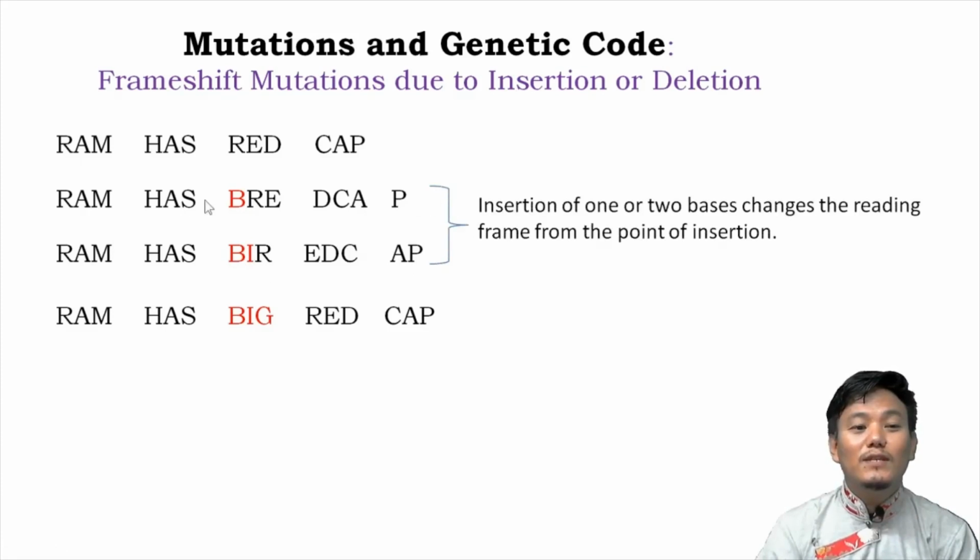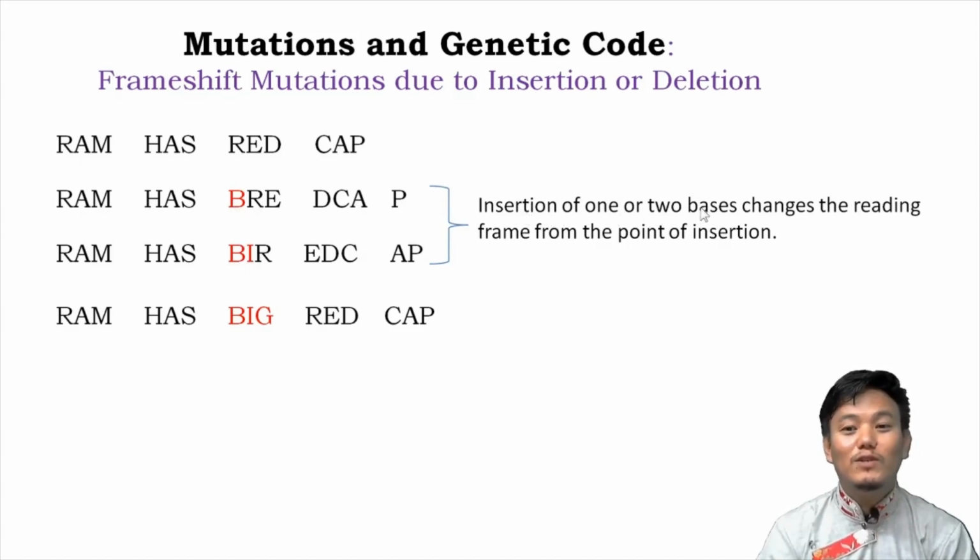So here you can see, when 1 or 2 letters are added, meaning insertion of 1 or 2 bases, it changes the reading frame from the point of insertion. From the point of insertion, the entire reading frame changes. That means the entire sequence of amino acids will change.